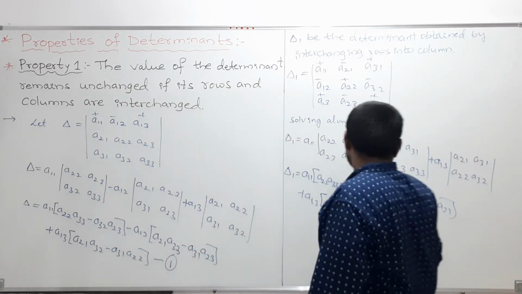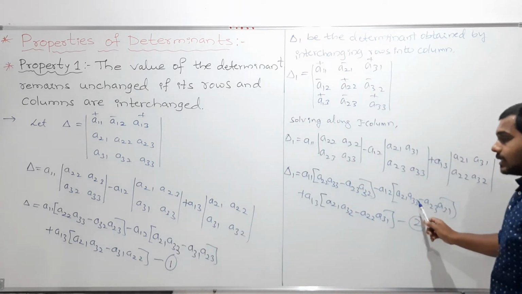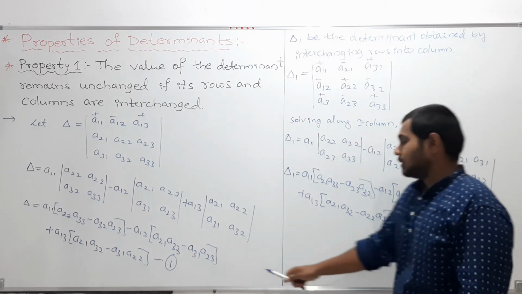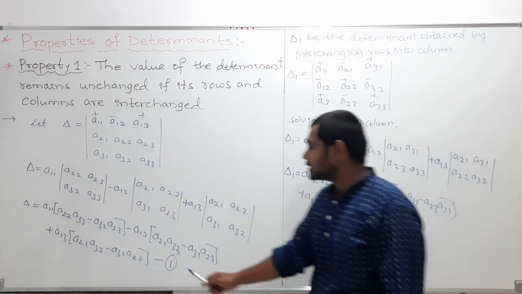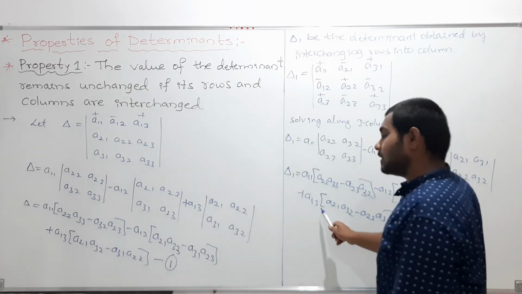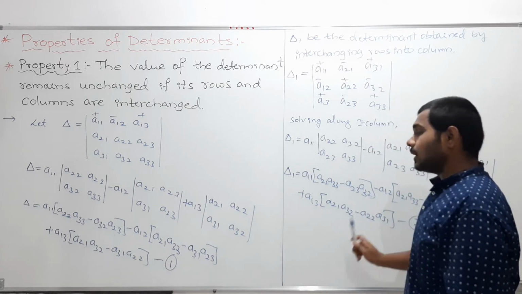Clear? Next minus A12 into A21 A33 minus A31 A23. Clear? And next, plus of A13 into A21 A32 minus A31 A22.